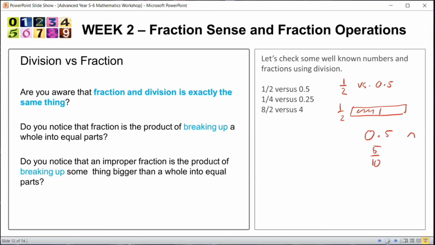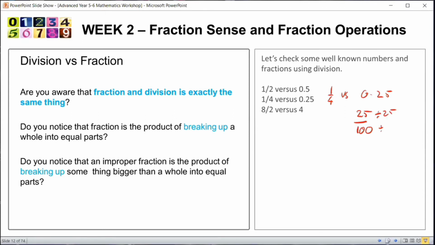Now 5 out of 10, you simplify, becomes 1 out of 2. So we are talking about the same thing here. Now the next one, a quarter versus 0.25. 0.25 is 25 out of 100. If you divide the top by 25 and divide the bottom by 25, you get 1 out of 4. Same thing.